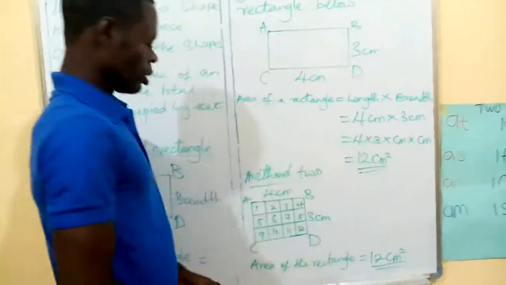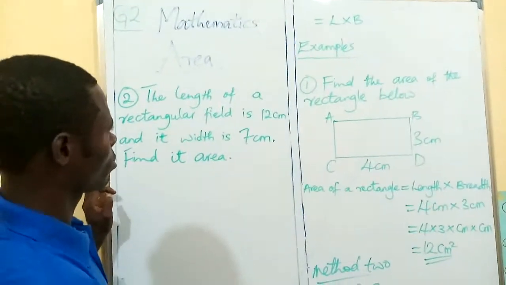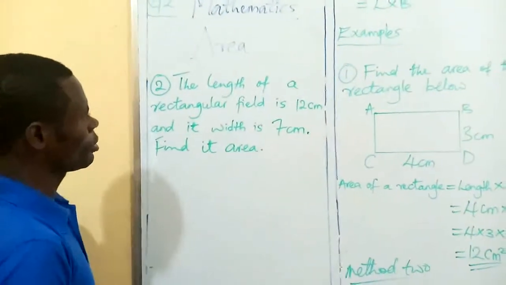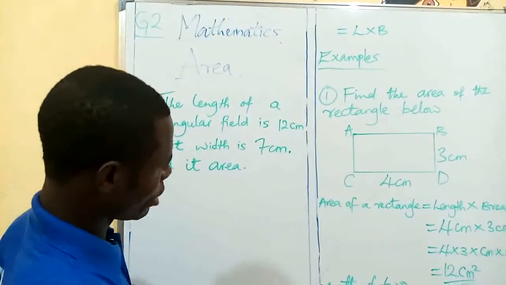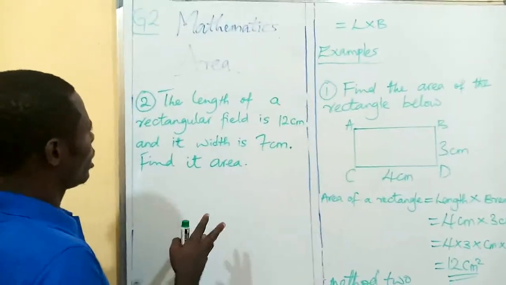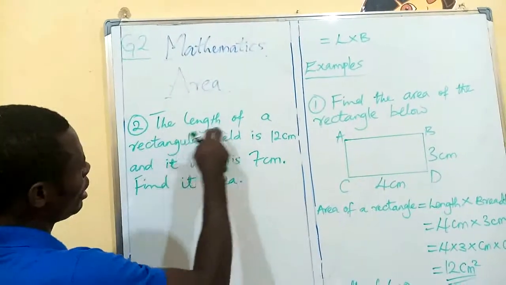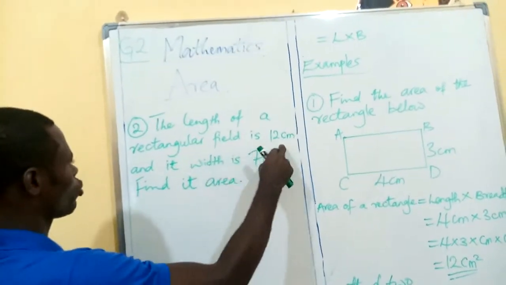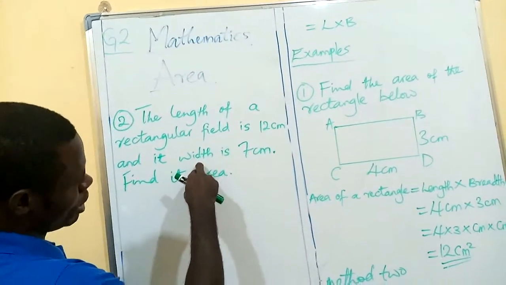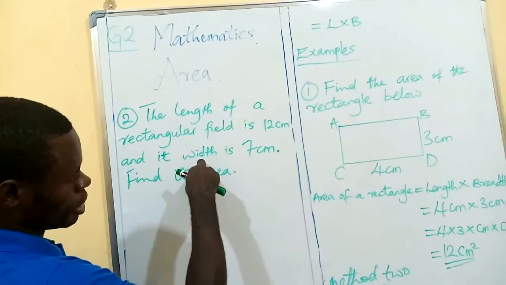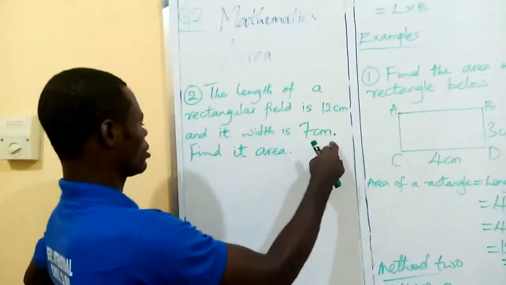Alright, again we proceed to the next example. Example 2, a word problem under area of a rectangle. The question is: the length of a rectangular field is 12 centimeters and its width, that is the breadth of the rectangular field, we either call it width or breadth, is 7 centimeters.